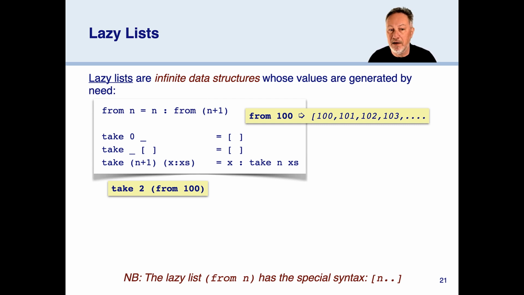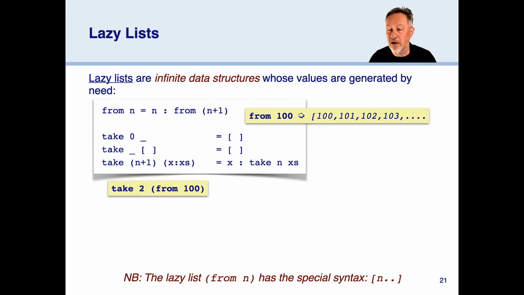So take is again defined by pattern matching. So we have 2 arguments and 3 different patterns. So if we take 0 elements from a list, that's going to give us the empty list. If we take any number of elements from an empty list, well, we'll only get the empty list back.